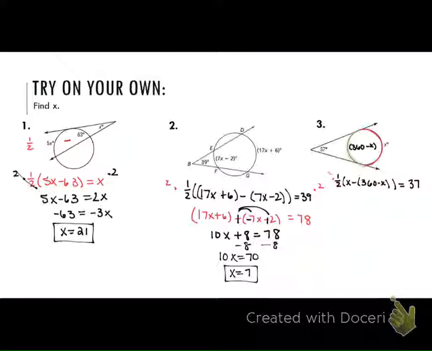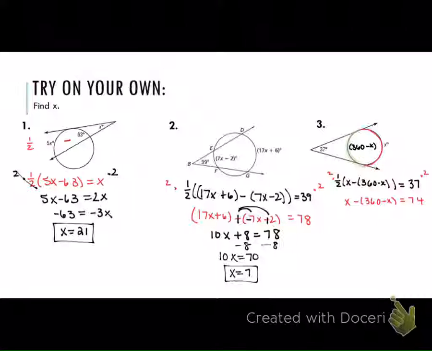So we multiply by 2. And then we're going to distribute, which means it switches to positive and switches our signs. So again, this is the whole entire circle. Do you see how both arcs make the whole circle? So if this is x, this is subtracting 360 minus x, which means that we have to subtract it.